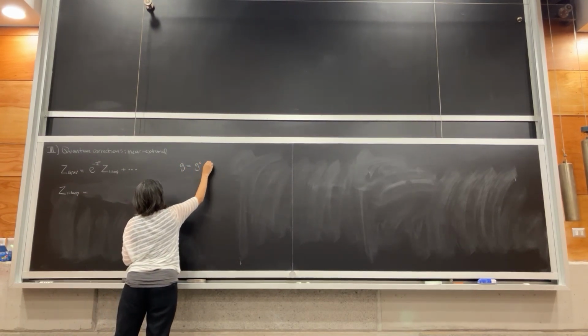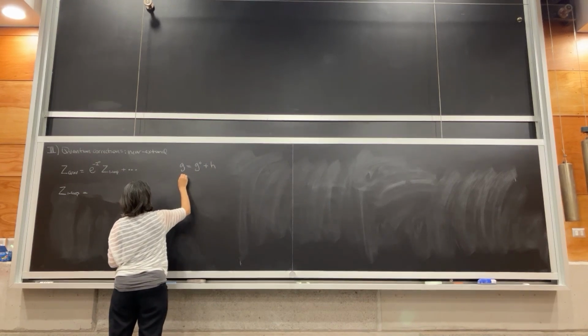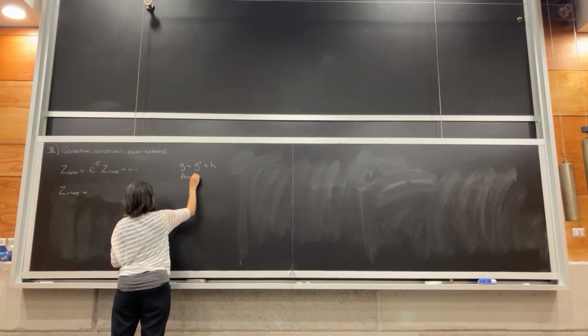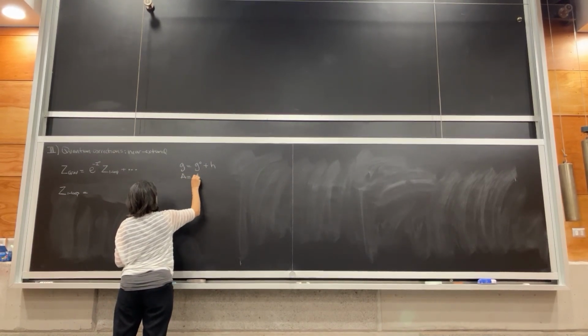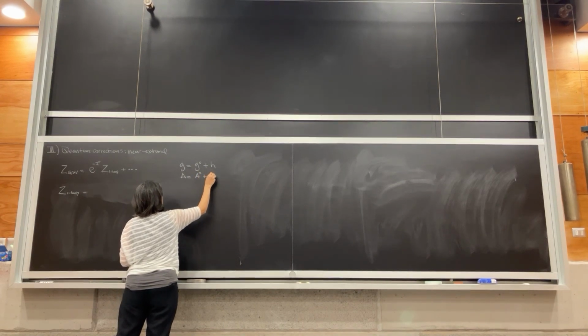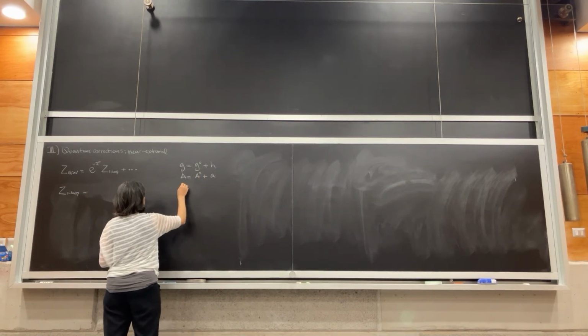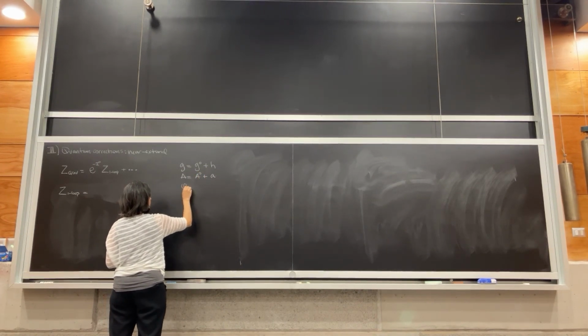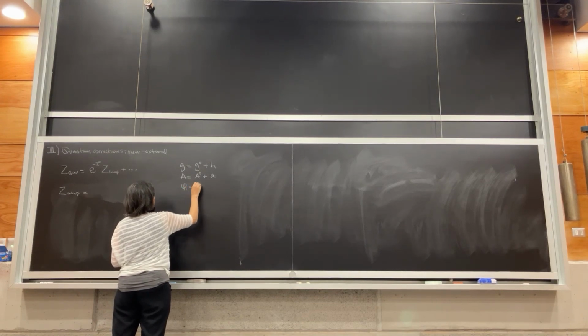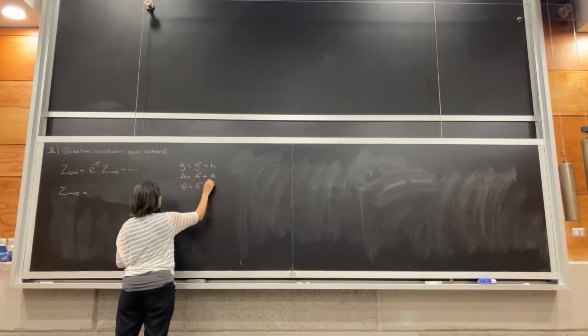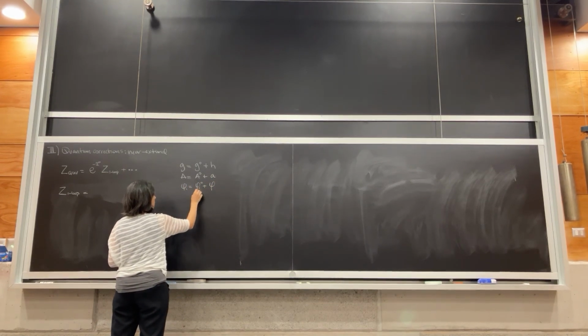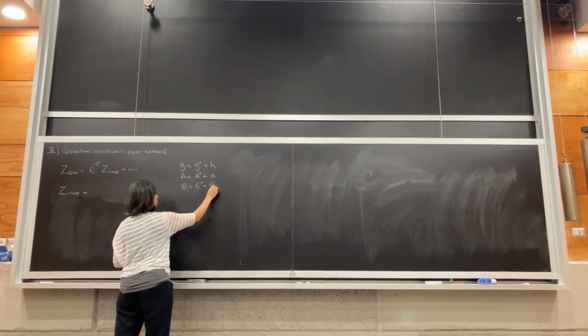You had a background solution, and then you had fluctuations. We had our gauge field, so there was a background value of the gauge field, and then we had some little fluctuations for A. And if you have additional matter fields with a background configuration, well, it doesn't matter. Usually this part is 0.